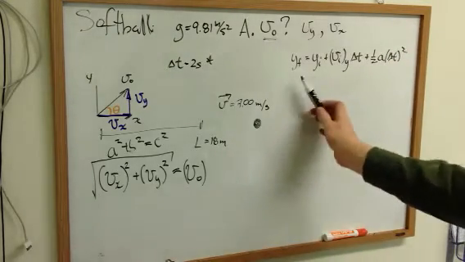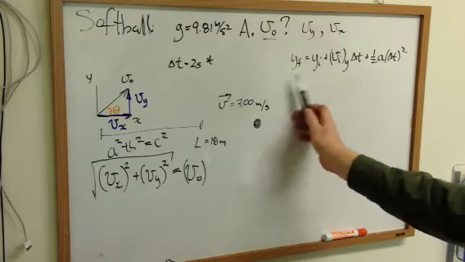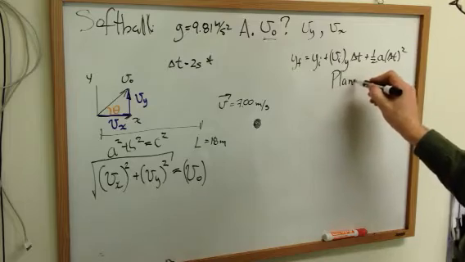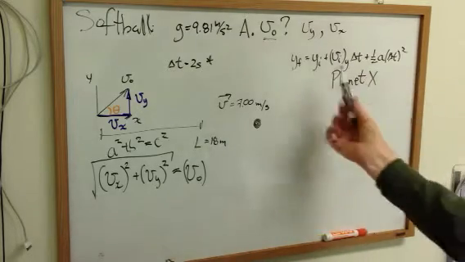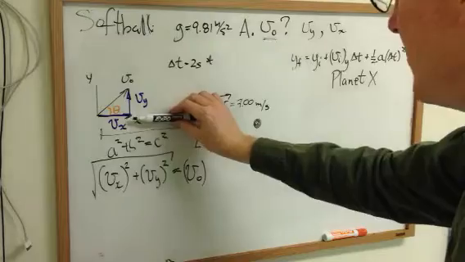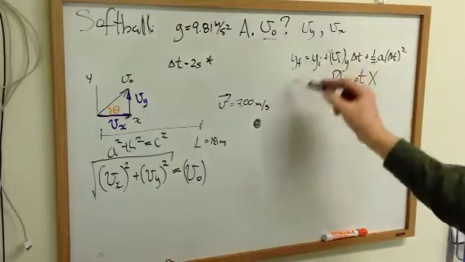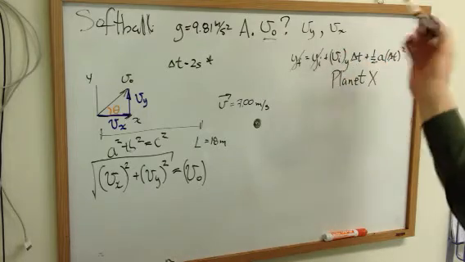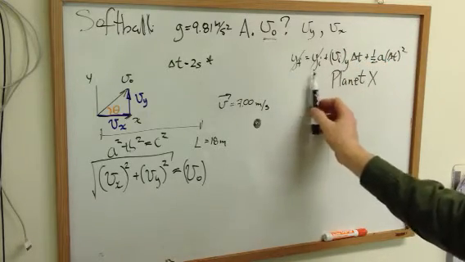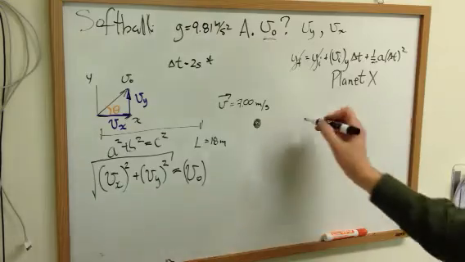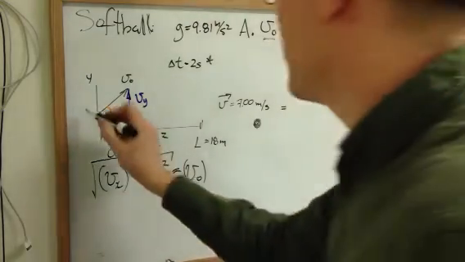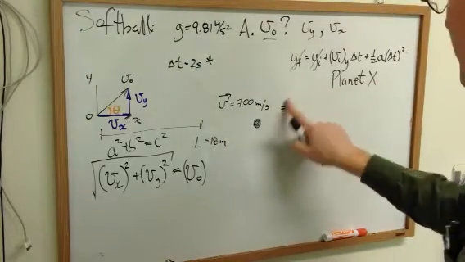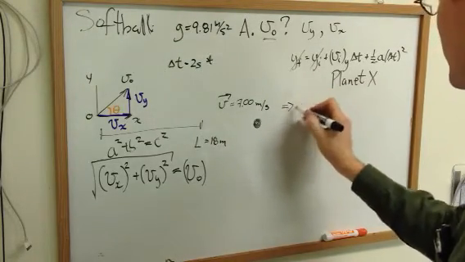Our y final and y initial are the same, so this is going to be very similar to the planet X calculation. Our y final and y initial is the same level, so whatever that is, they're going to be the same, so we can take those away. If it was, say, 5 feet on both sides, minus 5 feet from both sides. Or we could just call that level y equals 0. Either way, those two terms are gone.